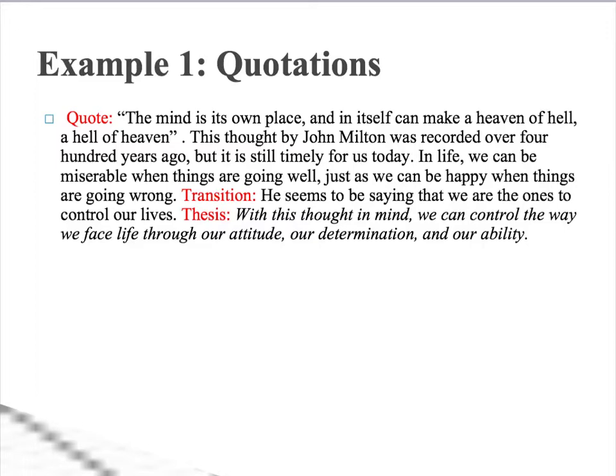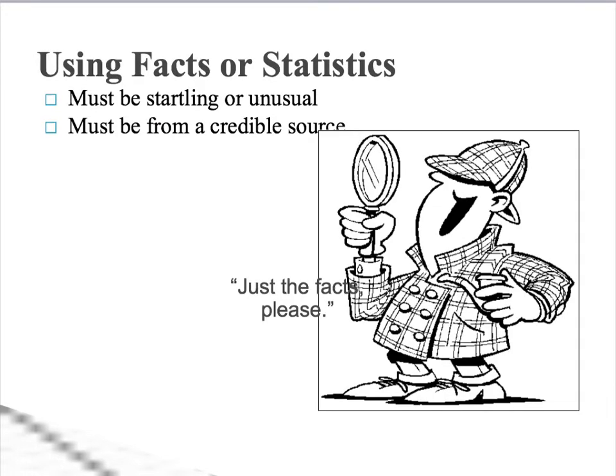And here's our thesis. With this thought in mind, we can control the way we face life through our attitude, our determination, and our ability. Okay, so you can see he transitioned really nicely into that and listed 3 things that we could control our life with.